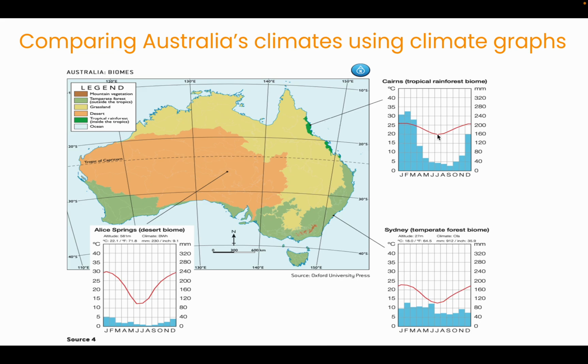So there's only a 6 degrees difference here compared to the huge degree of difference down in the desert biome. It's wettest when it's hottest. So its hottest months are January, February, March, and they are its wettest months of the year also. So we've got a relationship between heat and rainfall.